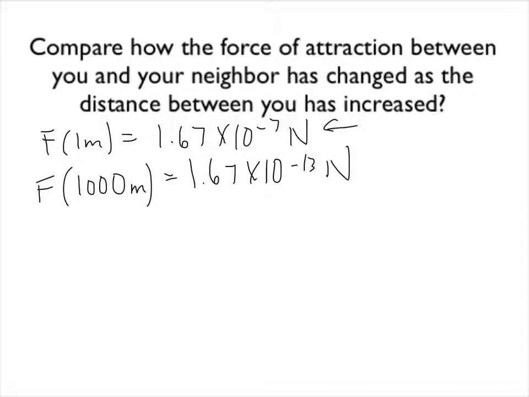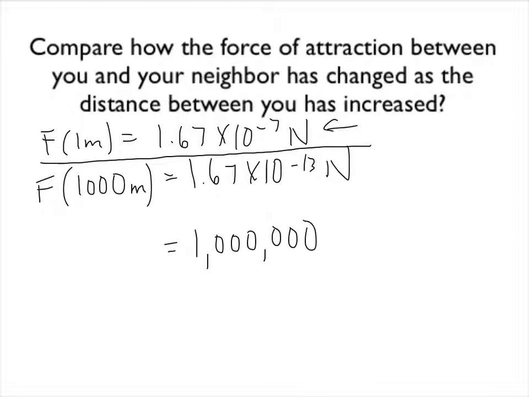In order to compare these two, we're going to just divide the two by each other. And so what we end up with is that the ratio between these two values, if we divide 1.67 times 10 to the negative 7th by 1.67 times 10 to the negative 13, is 1 million.